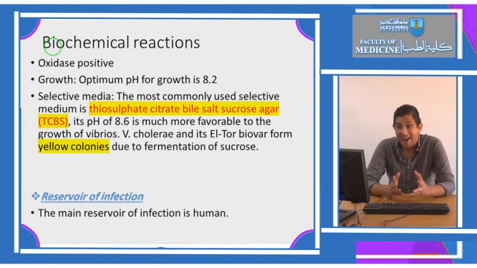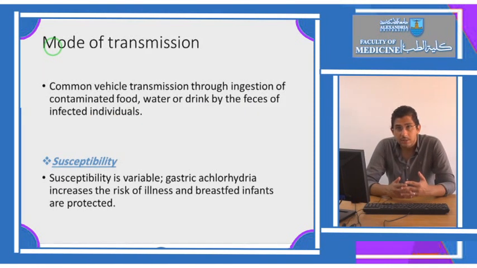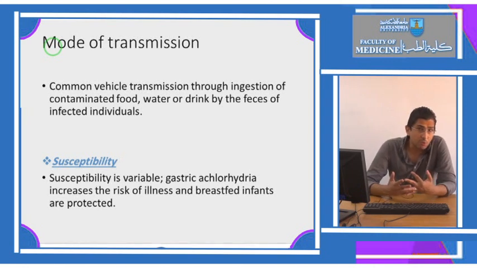The reservoir: humans are the main and the only reservoir for cholera. What's the mode of transmission? It's fecal-oral transmission. The common vehicle is ingestion of food, water and drinks contaminated by the feces of an infected individual. Who is more susceptible?